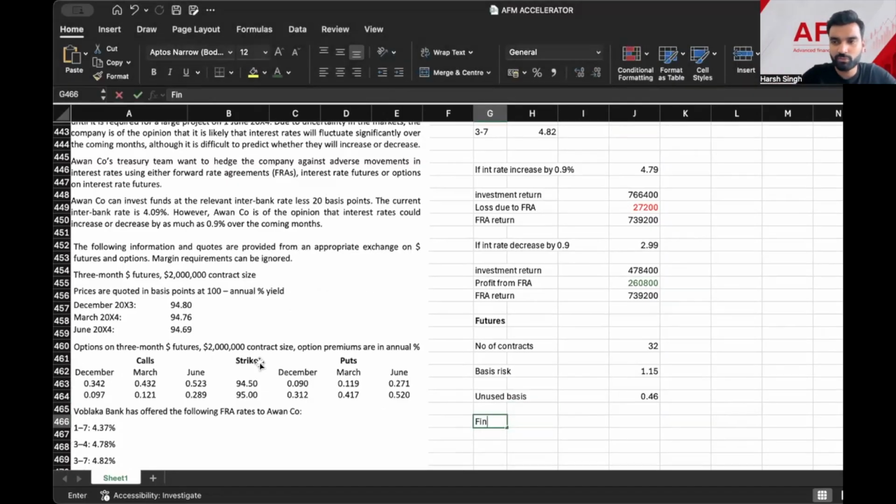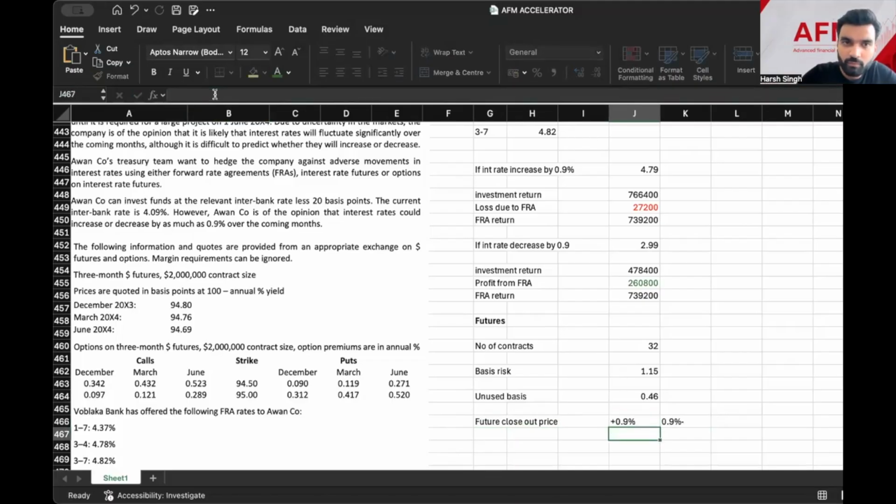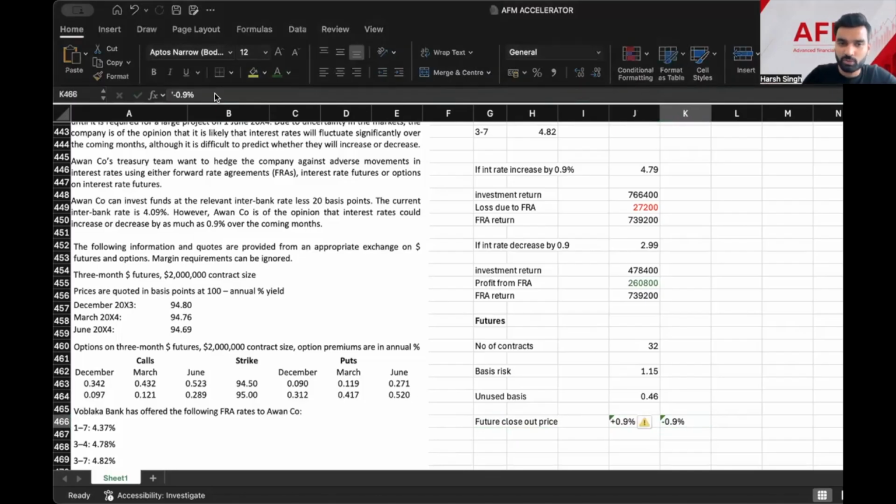Now we'll find out future closeout price. In case of increase, over here I'll write down 0.9% plus, over here I'll write down 0.9% subtract. In case of increase of 0.9 and in case of decrease of 0.9, correct?